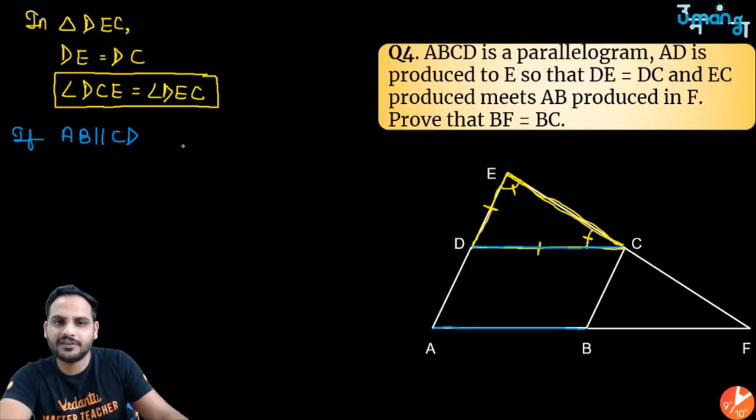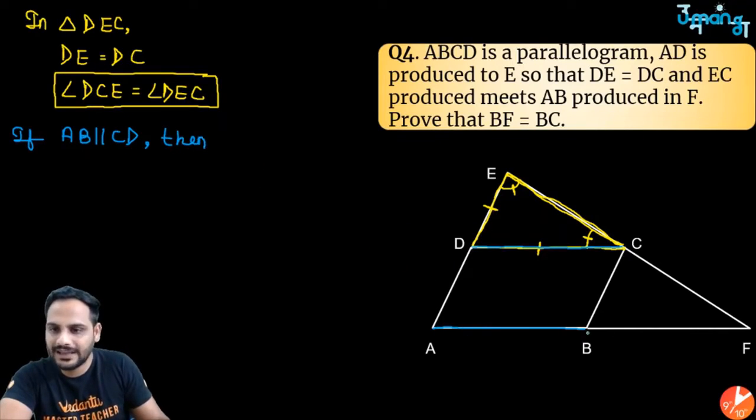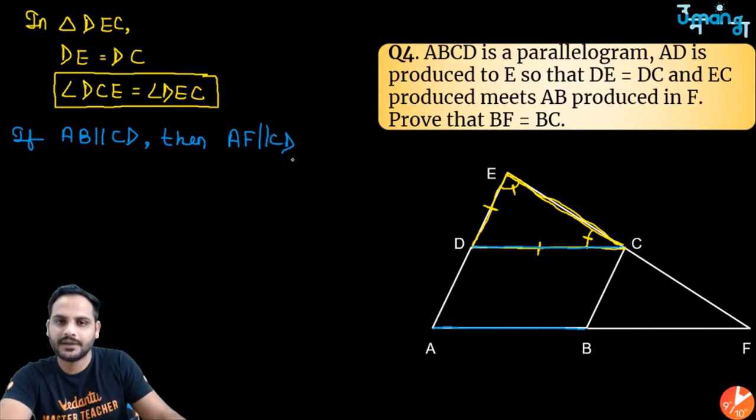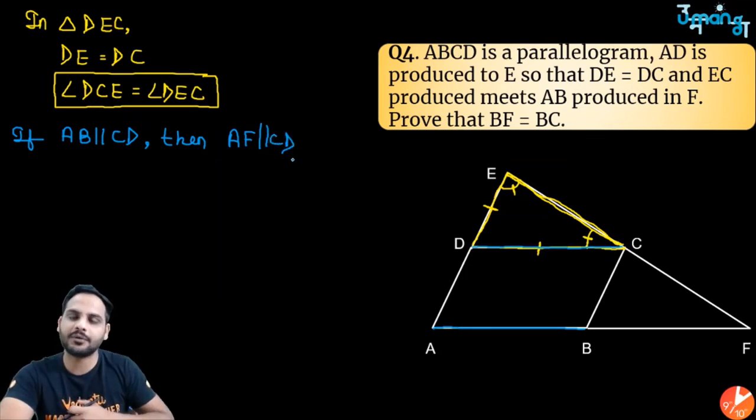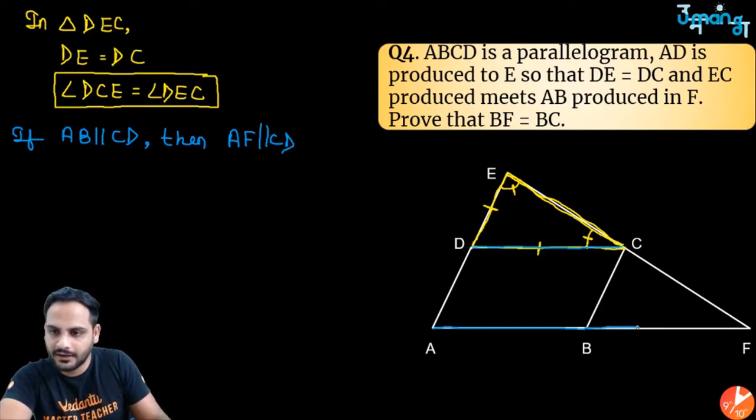So if AB is parallel to CD, then I can clearly say that AB produced, that is your AF, is also parallel to CD. Even upon extending two parallel lines, they will always remain parallel. तो दिस AB and AF and CD they are two parallel sides, दिख रहा है, correct.